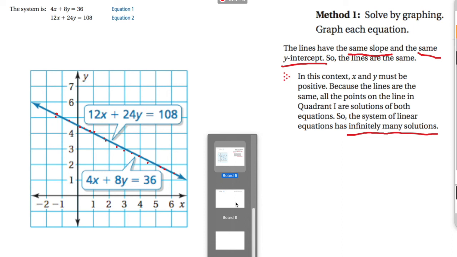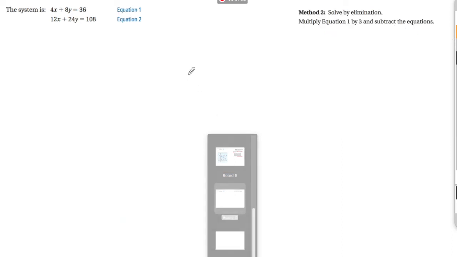Now let's try method 2 of solving this. Method 2 would be to solve by elimination, the new method that we learned in 5.3. To solve by elimination, we have to multiply equation 1 by 3. So we have 4x plus 8y equals 36.